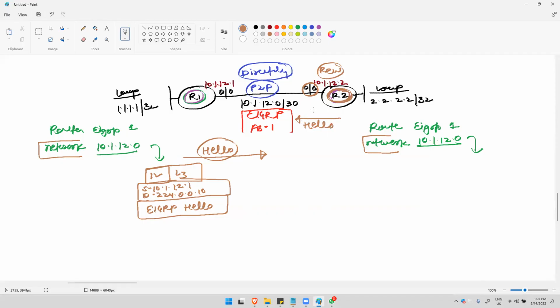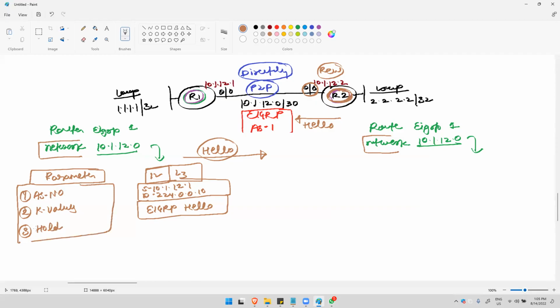Next point. In this hello, R1 says I'm sending some parameters. My first parameter is the AS number, the second parameter is the K values, and the third parameter is the hold time.